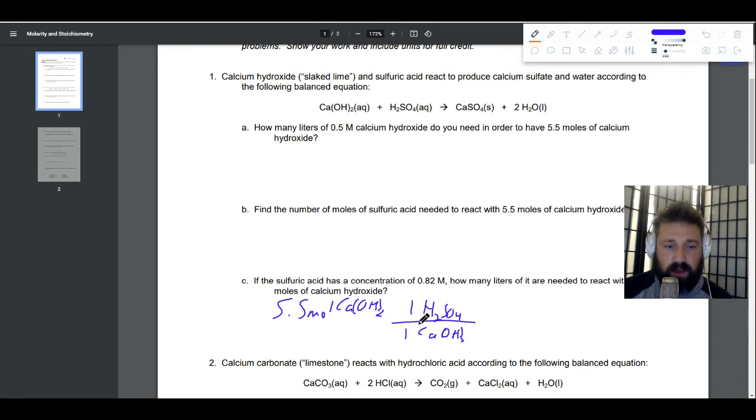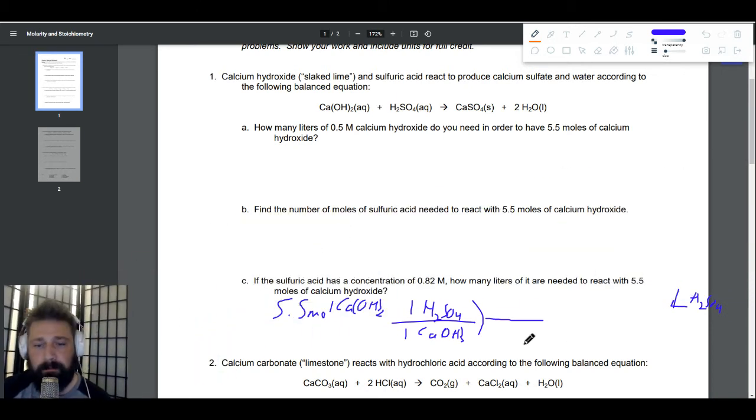So we've done the stoichiometry step up here, but now we can actually just continue on, because we're wanting to know the liters of sulfuric acid. If we want to know the liters of this, we can get there using the molarity of the sulfuric acid. Remember, this is just moles over liters, so liters go on top, moles on bottom.